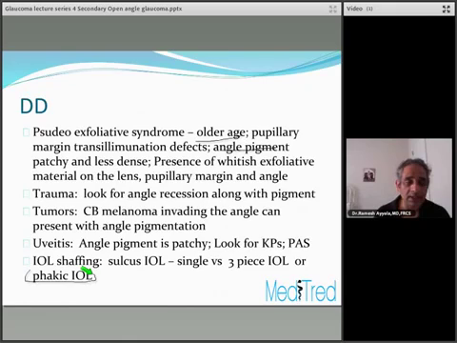And this is a secondary cause for pigment dispersion, pigmentary glaucoma. We do see this. This is not uncommon. Right now I have like two patients referred in the recent past with this condition, and the way to solve this issue obviously is to reposition that lens in the proper location to prevent pigmentary chafing.